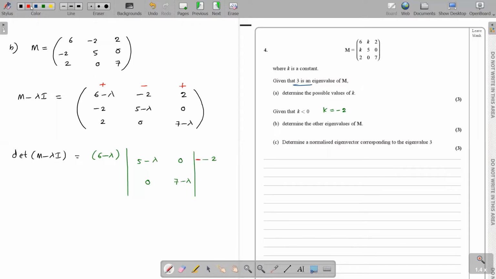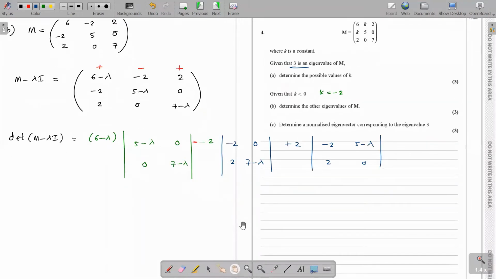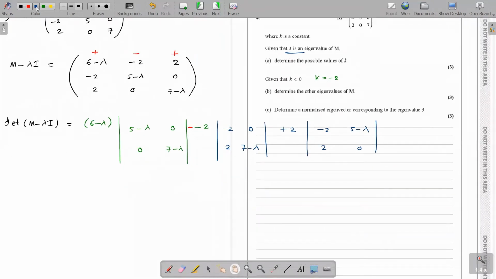Minus minus 2. When you remove the row and column: minus 2, 2, 0 and 7 minus lambda. And the last one, plus 2, remove the row and column with 2, we get minus 2, 2, 5 minus lambda, times 0. Are you with me? Is this correct? Are you checking it?